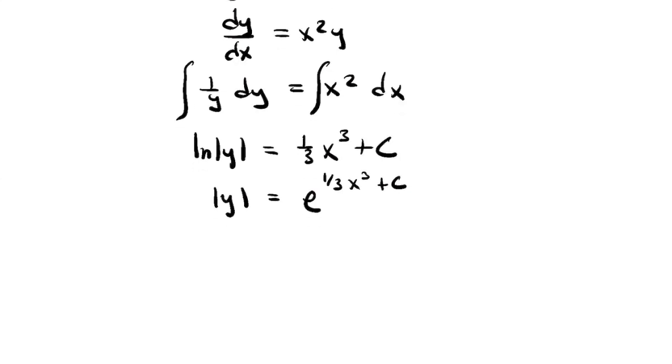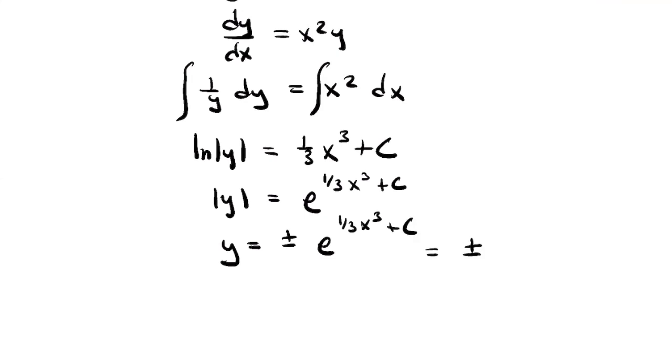So if you want to get rid of the absolute value signs, we should write y is, well, plus or minus e to the 1/3 x cubed plus that constant, which by rules of exponents, we could write as plus or minus e to the 1/3 x cubed times e to that constant.